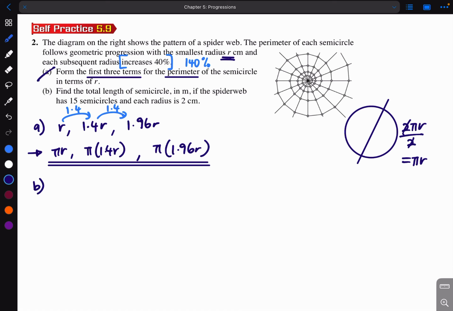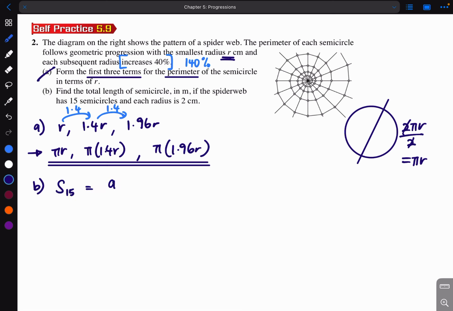Okay, the next one. Find the total length of semicircle if the spider web has 15 semicircles. The first radius is 2. So we need to find the sum of 15 semicircles, so S15.